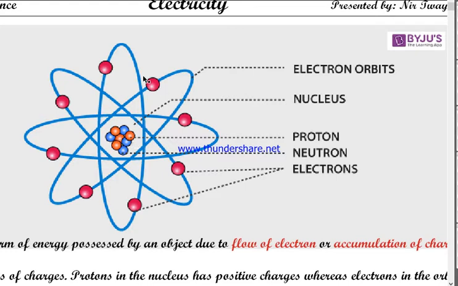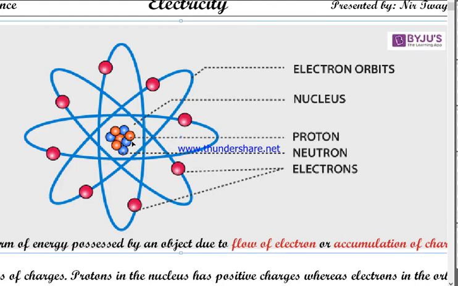So you can say this is the structure of an atom, in which at the central part of the atom, which is also called the nucleus, protons and neutrons are aggregated.